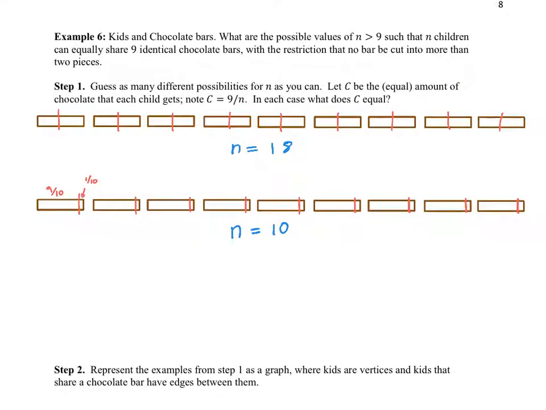So C in the first part was equal to 1/2. Every kid got a half of a chocolate bar, and we were able to serve 18 of them. If we're only serving 10 kids, then the capital C value could be 9/10. Let's try to build a graph out of what we're talking about.